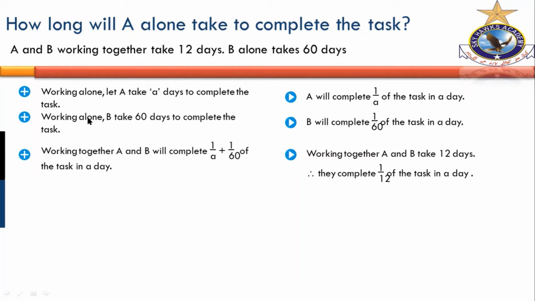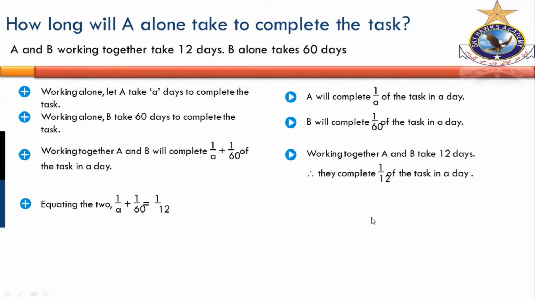Then we are utilizing the same thing for the second person that is given to us, and then we are converting it to the rate for the person B. Then we are making the sum of the rates of the work for the two persons. Then if they are working together, this information is given, and we are converting this one to the rate. So the time period is converted to rate. What I mean to say is, rate for A, rate for B, rate for all together. They are working together to complete the task. So this is the way.